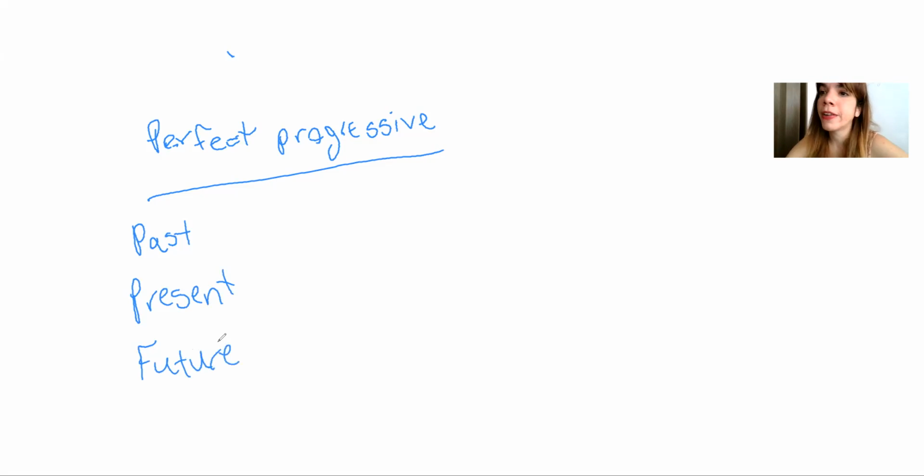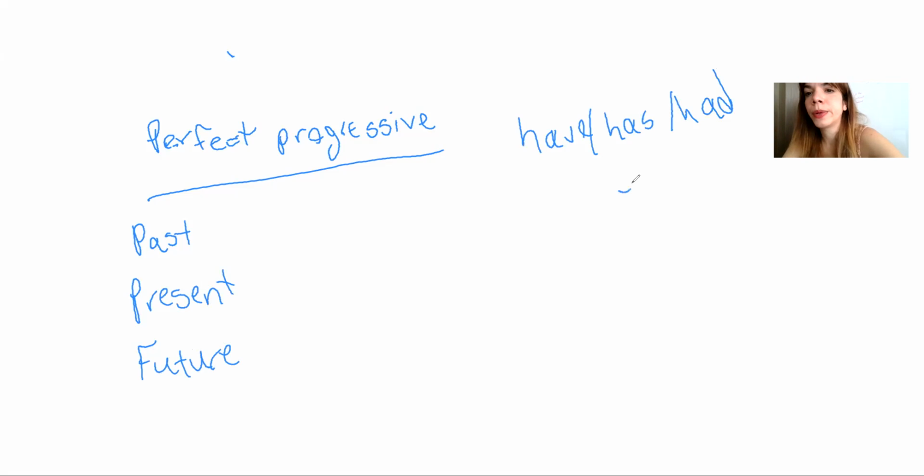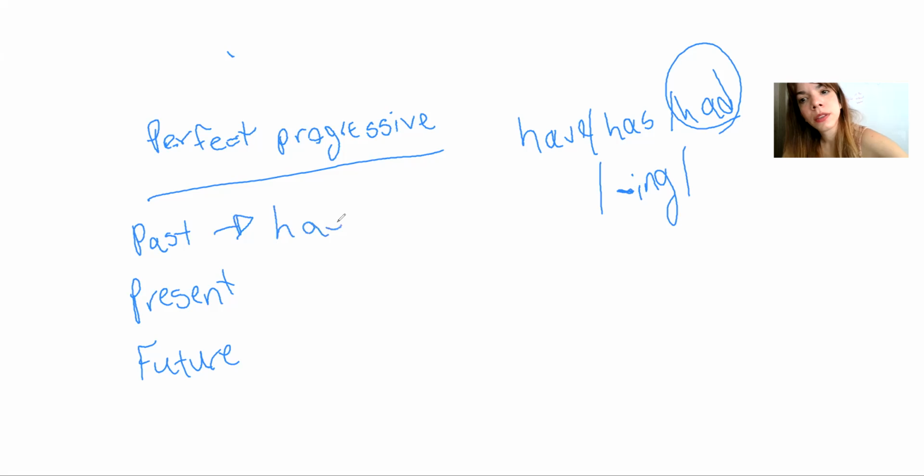Okay, so for the perfect progressive, you use have, has, had, one of these in combination with morpheme ing. All right, so for your past perfect progressive, you use had, I had, and because it's progressive, it also uses the verb be. So a form of be.